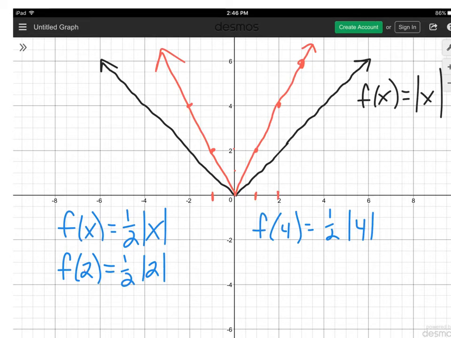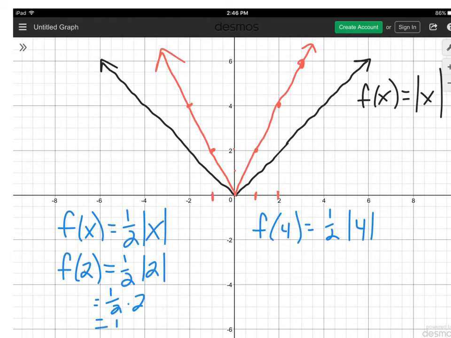So let's see what happens when A becomes a fraction. I'm just going to plug in some even numbers just so it works out nice and pretty for us. When the input is 2, the absolute value of 2 is 2, so then we get 1/2 times 2, which is 1.